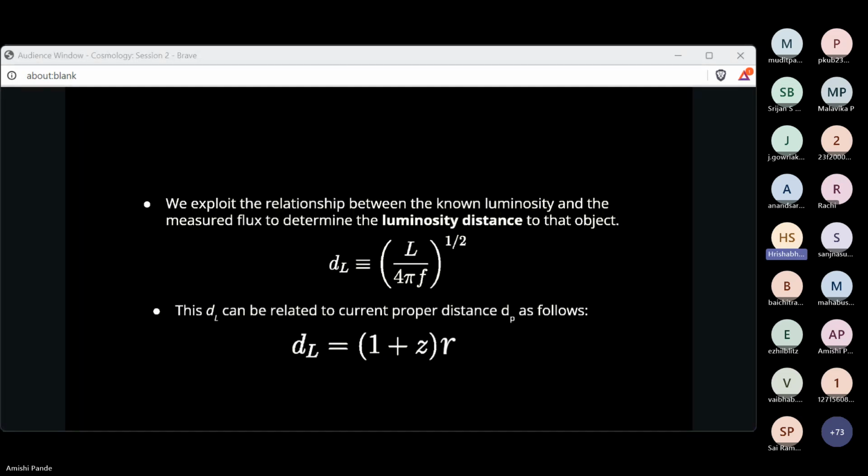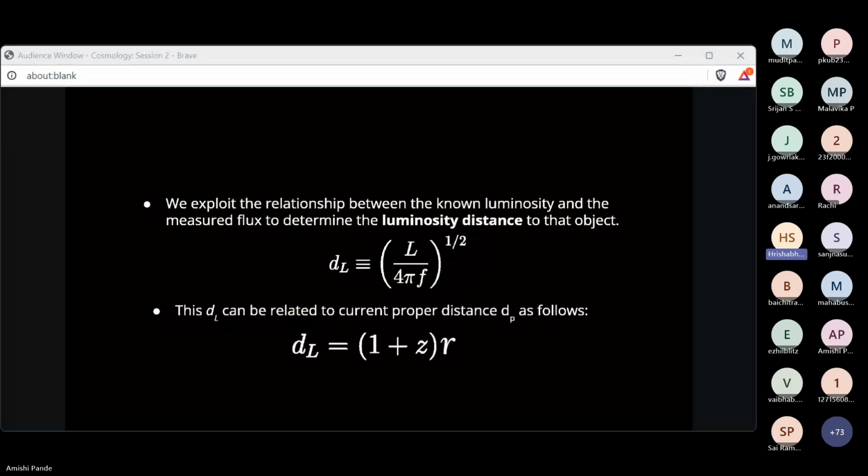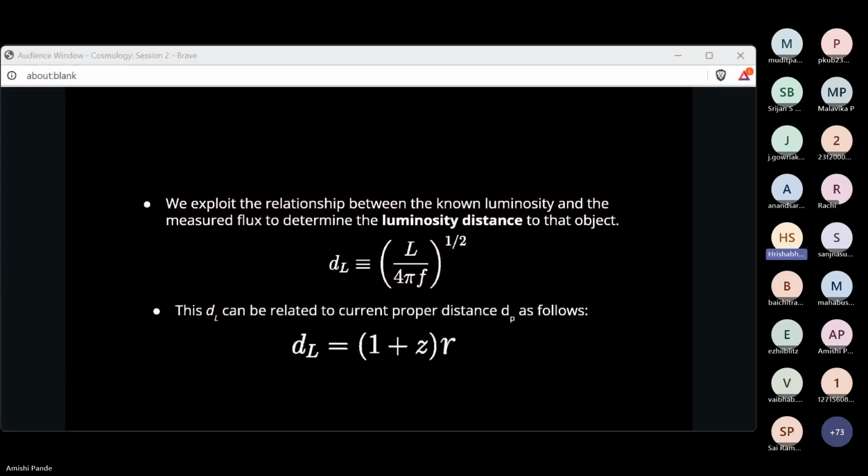So luminosity distance is related to r by 1 plus z, where z is the redshift. For an object located at redshift z, the luminosity distance of that object will be defined as DL = (1 + z) r.